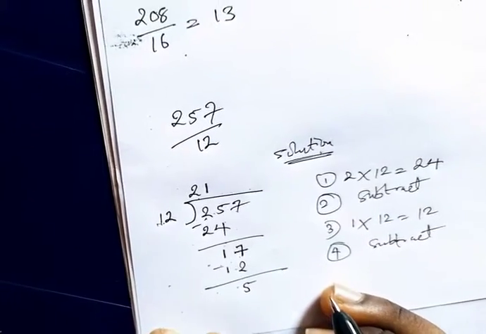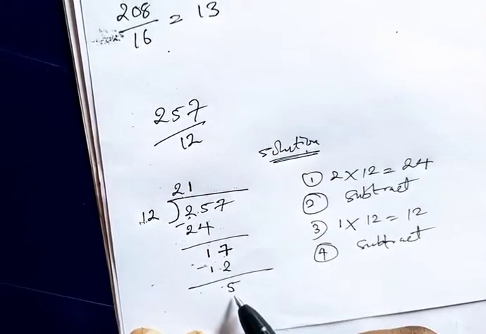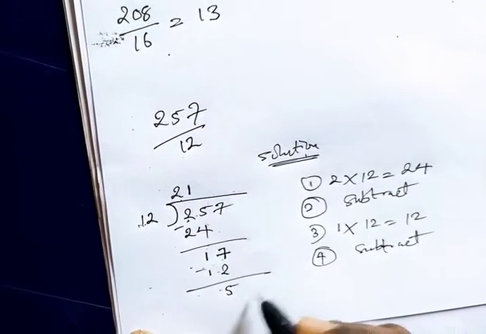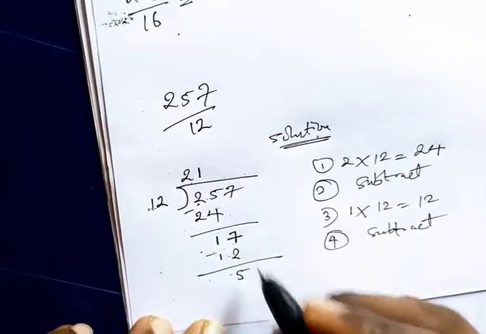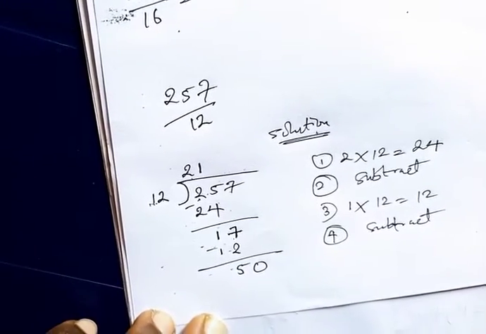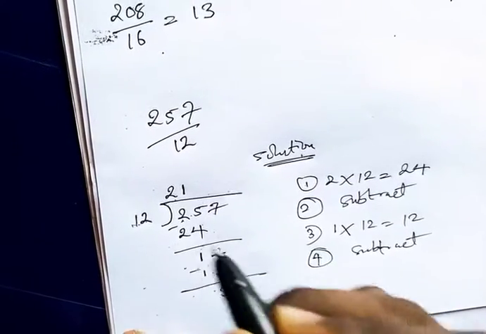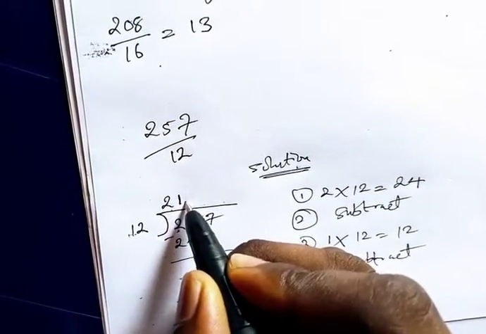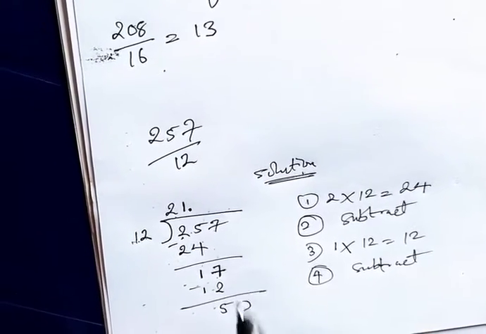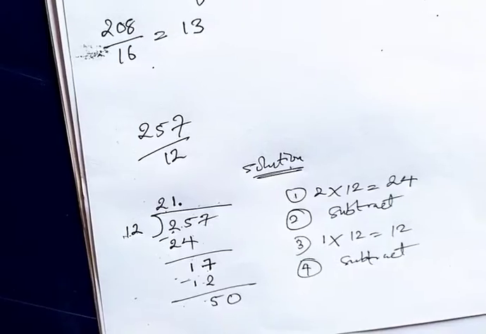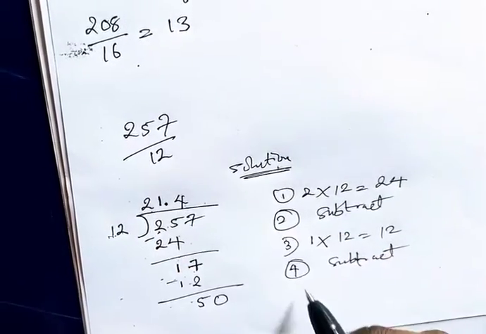Now we can either stop here or continue. 12 can't go in 5, so if you are going to continue, you put 0 and you calculate. Let's say put 0. Now 12 can go in 50. How many times? 4. Now since you have put a 0 there, you put a dot. Then 12 can go in 50 four times.